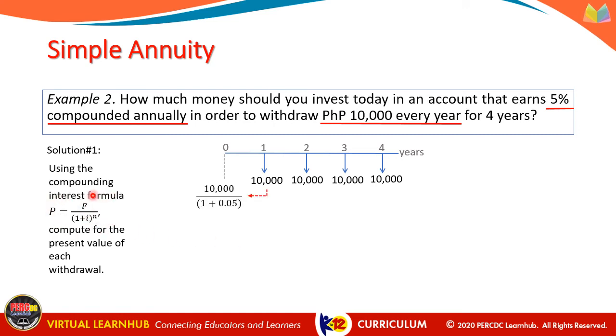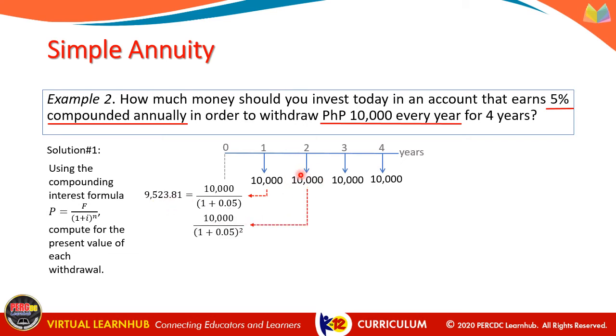Using this formula, we will have 10,000 over 1 plus 0.05. Our interest rate is 5% or 0.05. This is equal to 9,523.81.